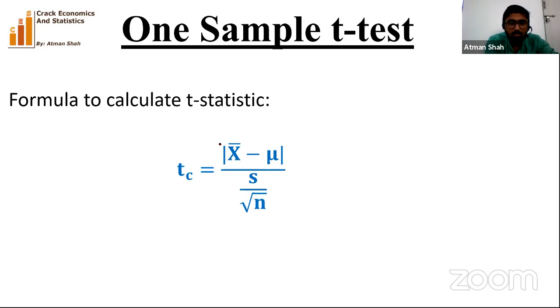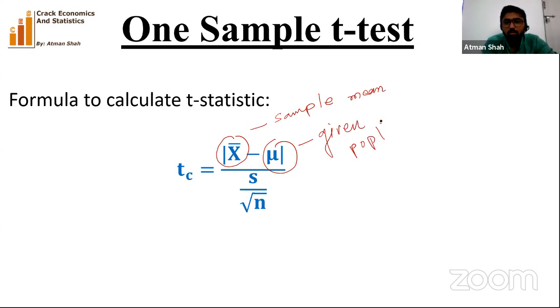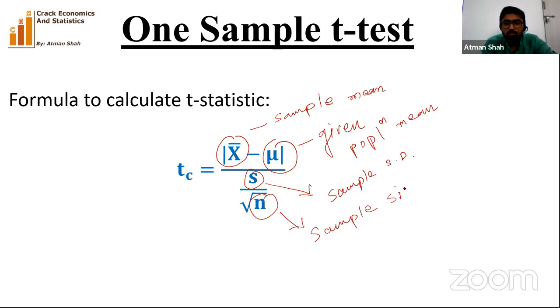Here x bar is the sample mean, mu is the given population mean, S is the sample standard deviation, and N is the sample size. So again, t calculated is x bar minus mu upon S upon square root of N.